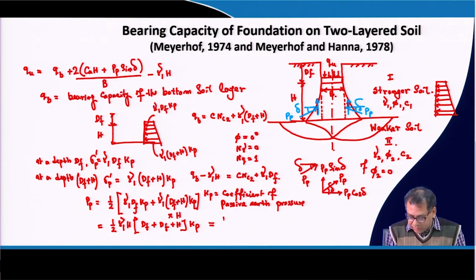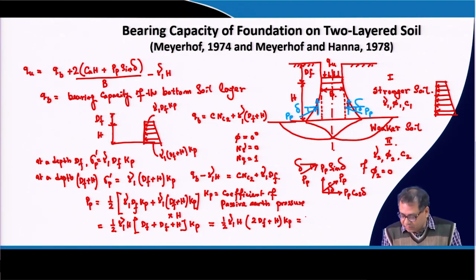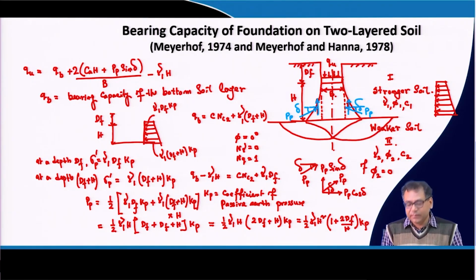So, that will be equal to half gamma 1 h into 2 Df plus h into Kp. Now, if I take h outside also, then this will be half gamma 1 h square into 1 plus 2 Df divided by h into Kp. So, this is the total passive force which is acting.